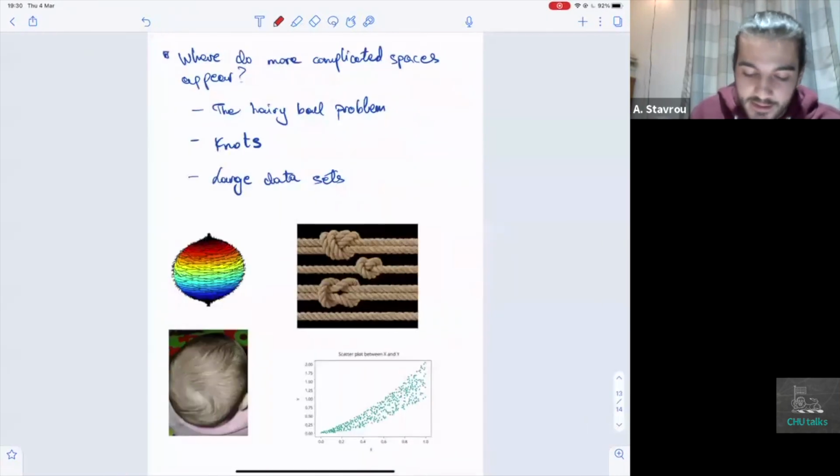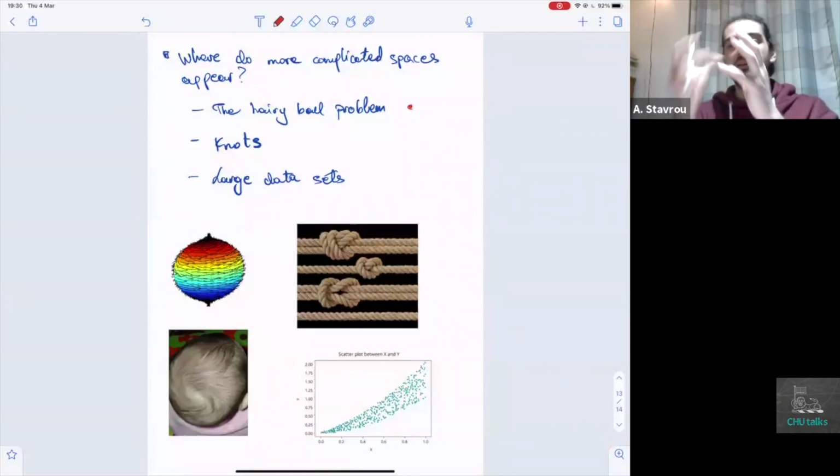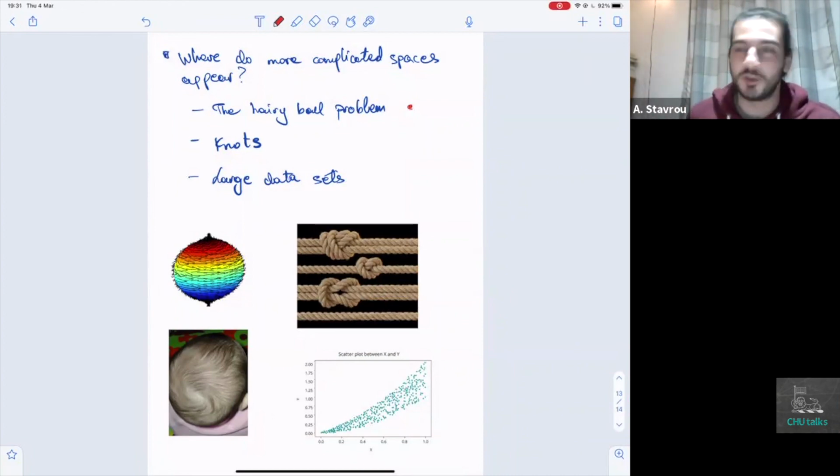So as a final comment, you can ask, where do more complicated spaces appear? Like an application of algebraic topology is this famous hairy ball theorem that literally says that if you've got a ball where hair comes out and you try to comb it so that it goes flat, it cannot.